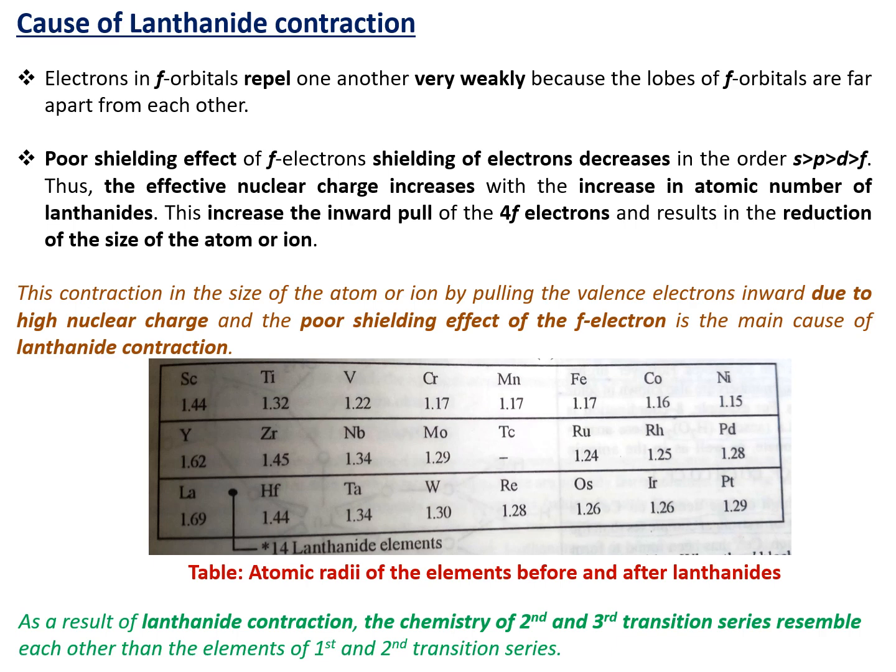Effective nuclear charge increases with increase in the atomic number of lanthanides. So the inward pull on the 4f electrons increases and results in a reduction of the size of the atom or ion. This contraction is inward due to the higher nuclear charge and the poor shielding effect of f electrons, the main cause of lanthanide contraction.